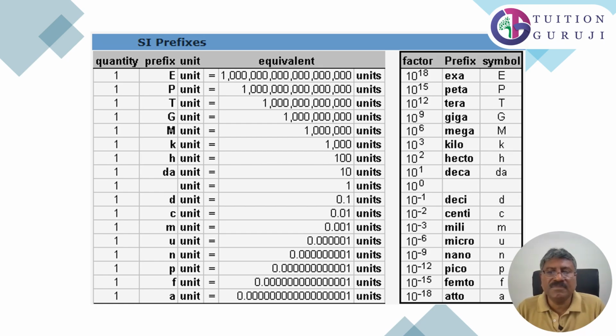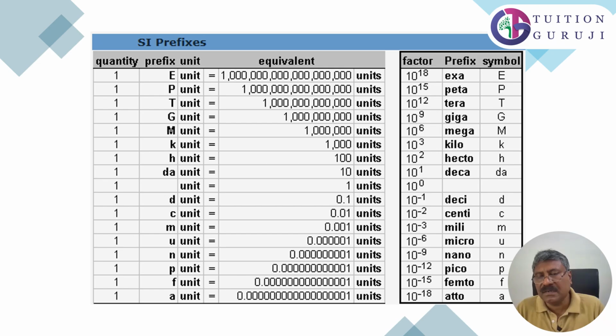We use different prefixes in the SI system of units to express the units. For example, 10 raised to 1 is deca, 10 square is hecto, 10 cube is kilo, 10 raised to 6 is mega, 10 raised to 9 is giga, 10 raised to 12 is tera, 10 raised to 15 is peta, and 10 raised to 18 is exa.